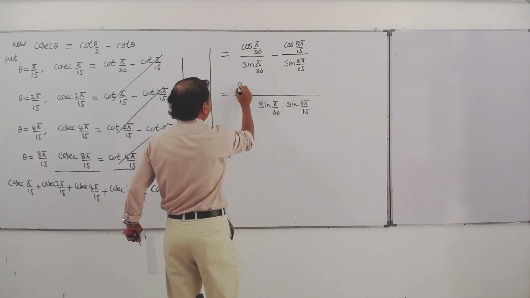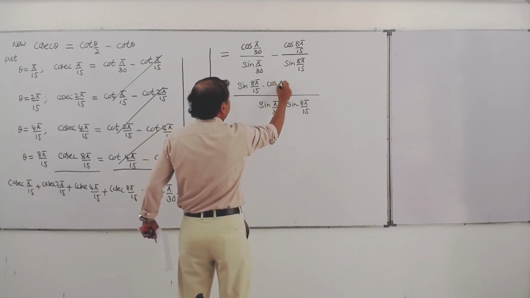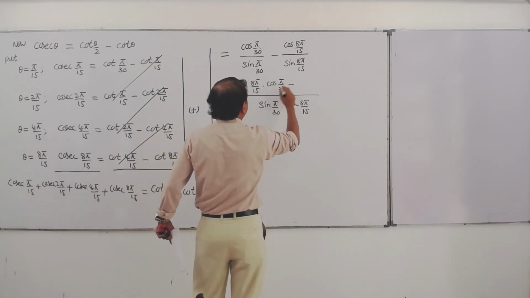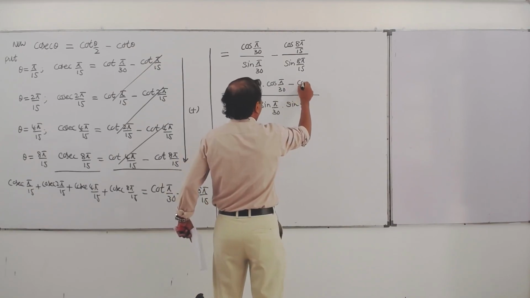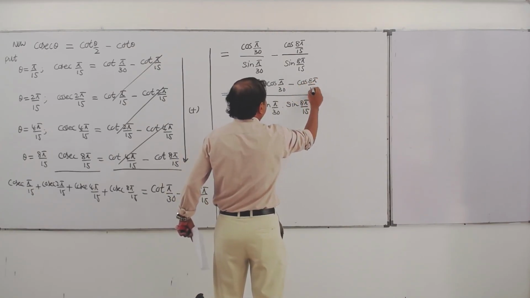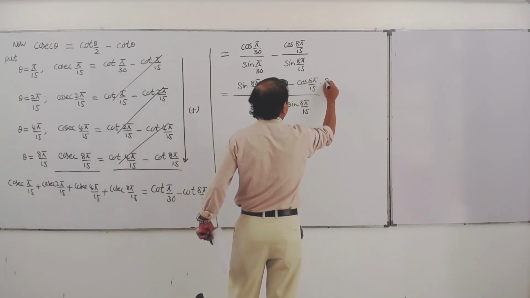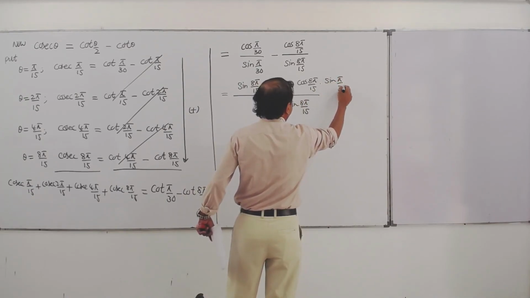Then we get sine 8 pi by 15 into cos pi by 30 minus cos 8 pi by 15 into sine pi by 30, like this.